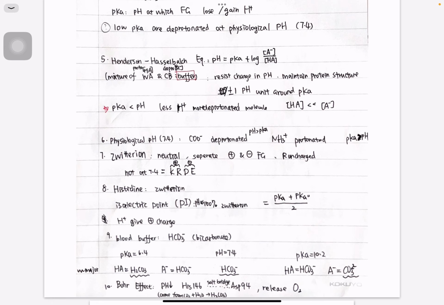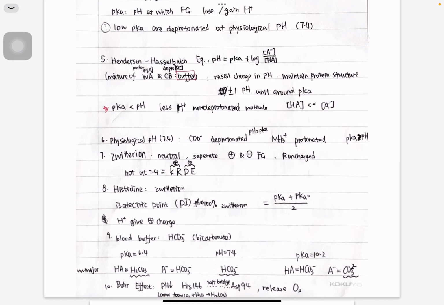And there was a very important equation, not quite an equation, it's like you need to understand, when your pKa is less than the pH, it means pH is high, so there are fewer protons in the solution, so you have more deprotonated molecules.